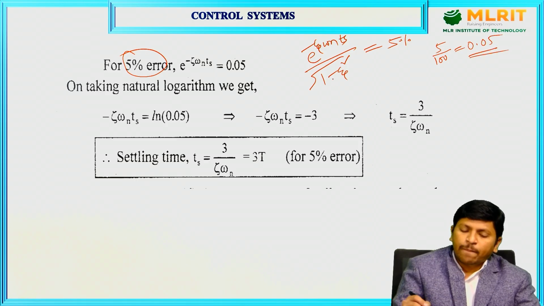In the denominator there is under root 1 minus zeta square.